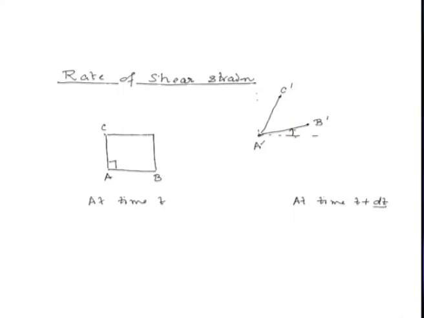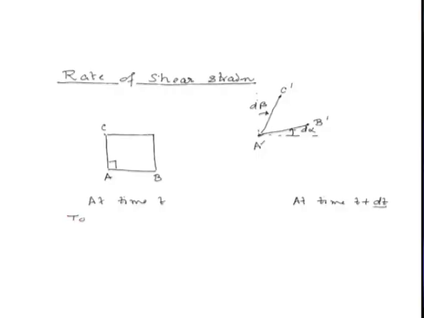The change with respect to the horizontal of the line segment A prime B prime, let us call this small angle d alpha, and the change from vertical AC, which was initially vertical and has now become inclined, let us call this angle d beta. So what is the total change in the angle from 90 degrees? The total change in angle is given by d alpha plus d beta.